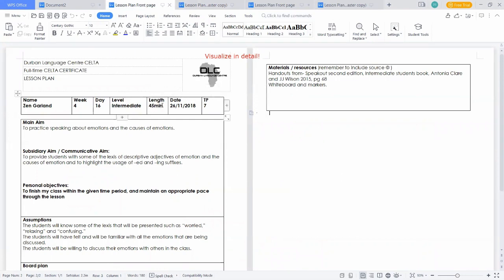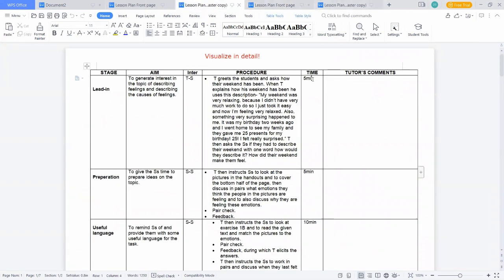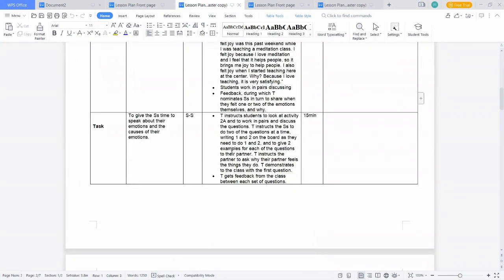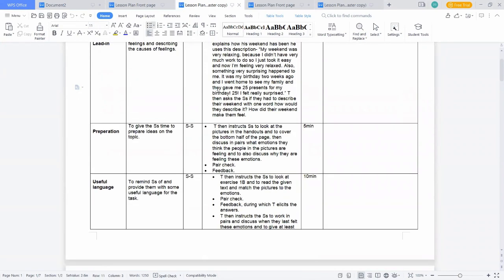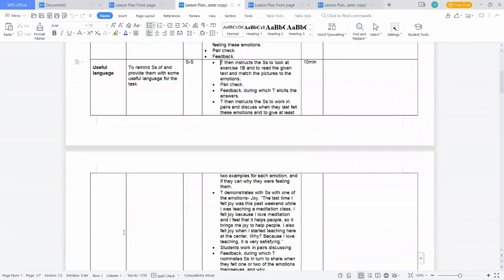Every lesson's obviously different. You get 1 hour lessons and so on. But you need to think about how much time each procedure will take. And you'll see I can have many procedures in one stage before we end up moving to the next task.